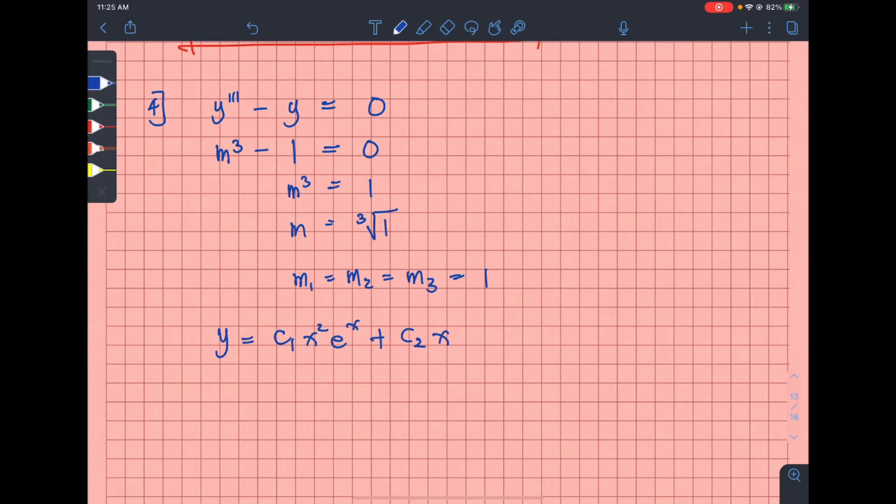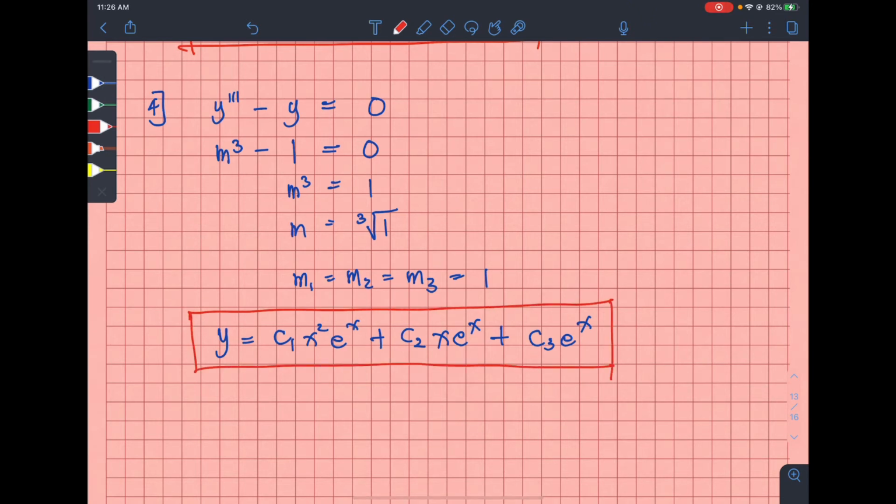The power just drops down, so it becomes x e raised to x. Then plus C3. Actually, that would be x raised to 0, and x raised to 0 is 1, so that would just be C3 e raised to x. And that would be the solution: C1 x squared e raised to x plus C2 x e raised to x plus C3 e raised to x. That is how to find the roots.